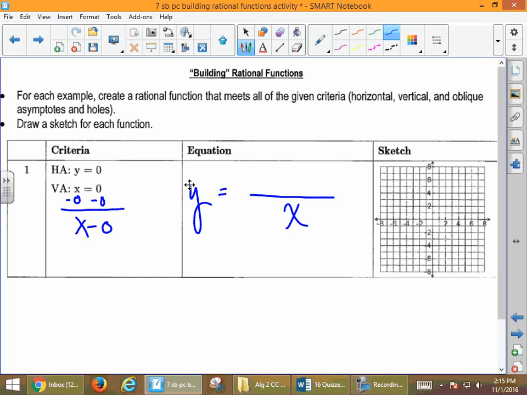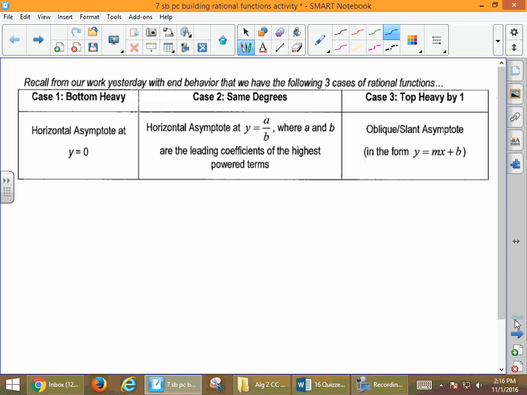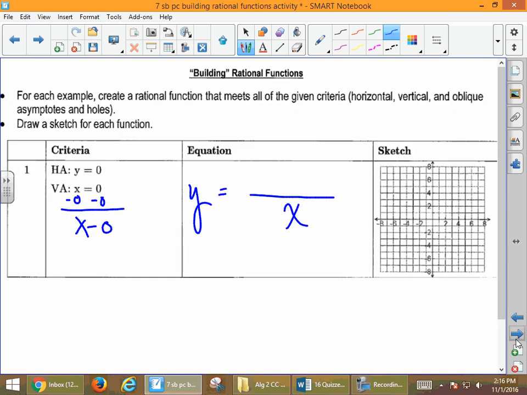And then when we look at the horizontal asymptote, it says y equals 0. Once again, if I flip back to this chart, y equals 0 means that we're going to have a bottom-heavy function. That means that the degree of the bottom is going to be greater than the degree of the top.